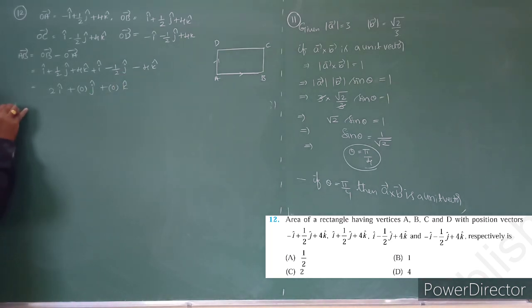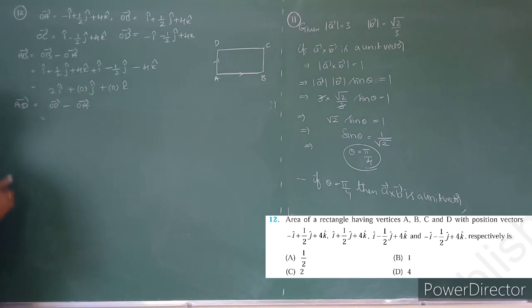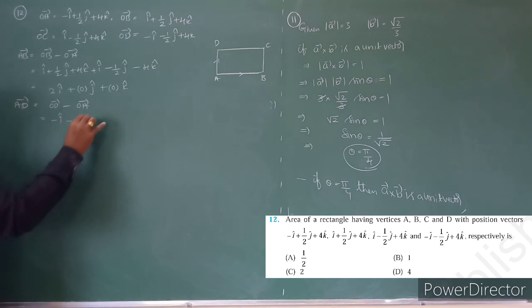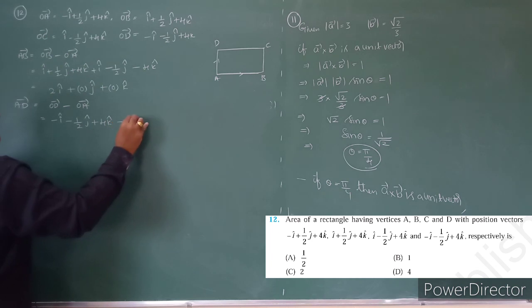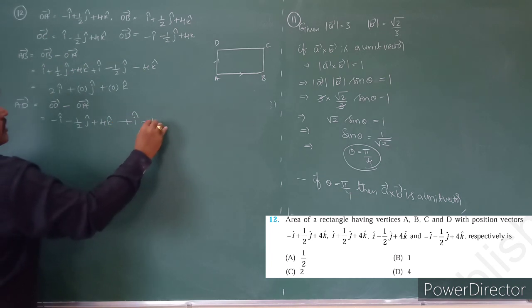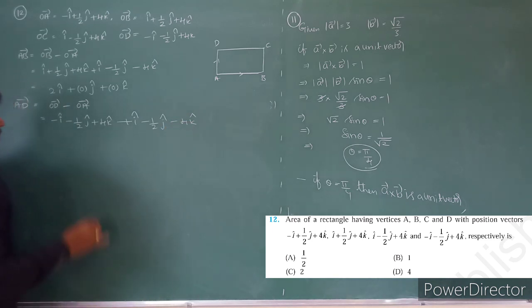Next, AD bar. What is the AD bar vector? AD bar vector is OD bar minus OA bar. OD bar vector is nothing but minus i minus 1 by 2 into j plus 4k, minus, what is the OA bar vector? Minus of minus i plus 1 by 2 into j minus 4k cap.